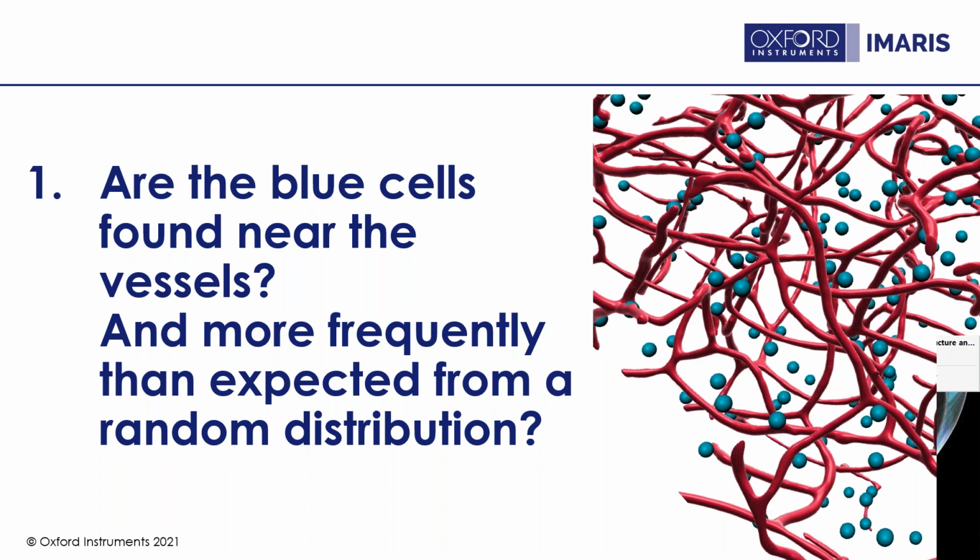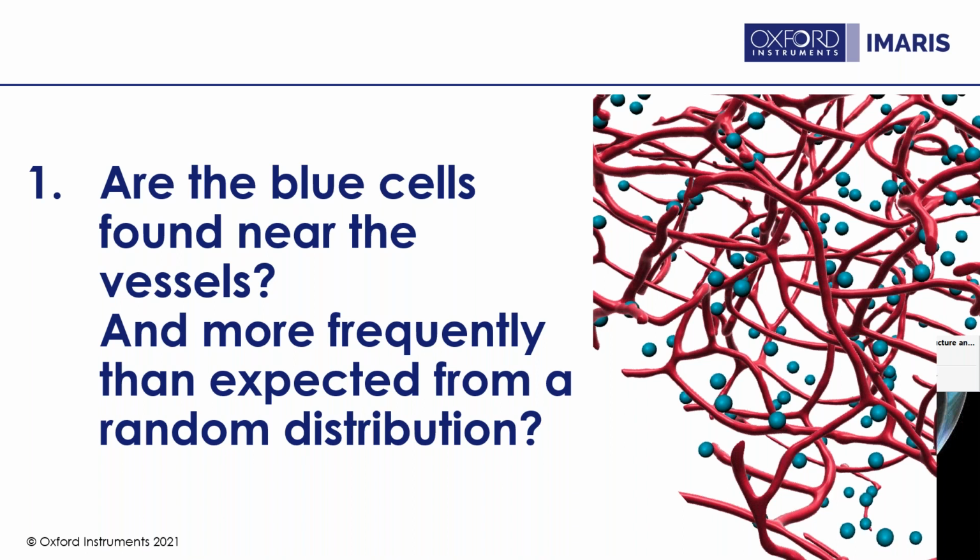More specifically, can we say that they're more frequently found close to the vessels than we would see in a random distribution of cells, if we were to run a simulation, let's say? That's one of the big questions that Imaris is going after.